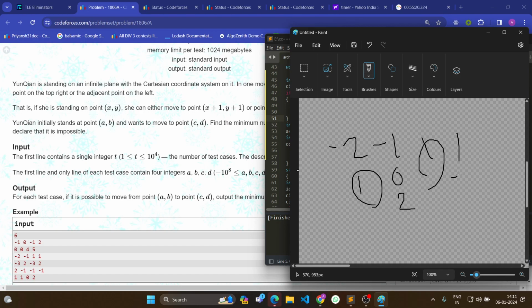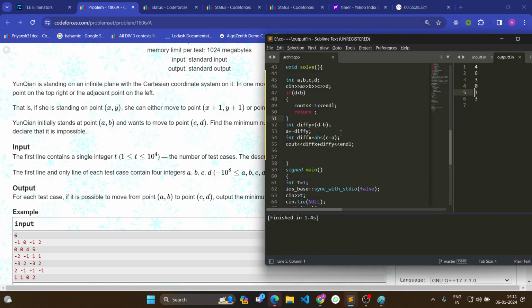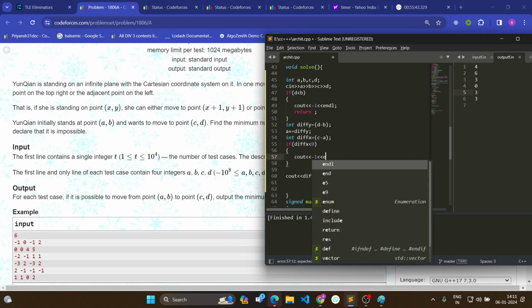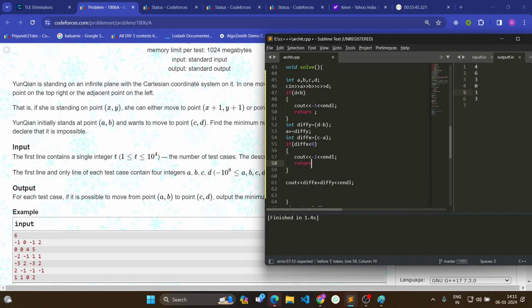Okay, so this becomes 0. Now she can move to x minus 1. If the difference of x is negative, return, and it should be a minus c.